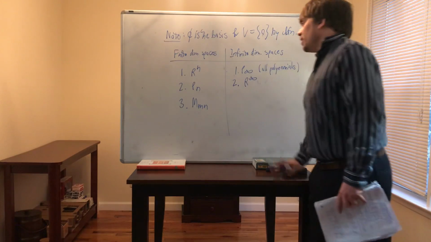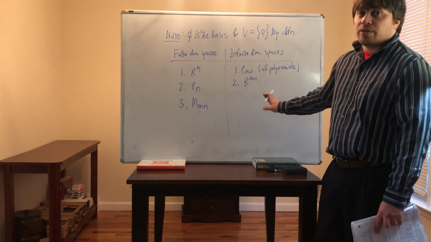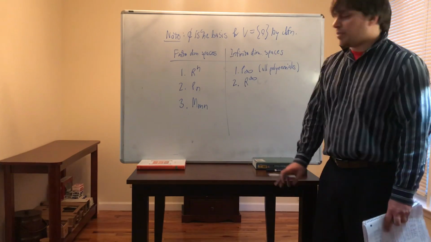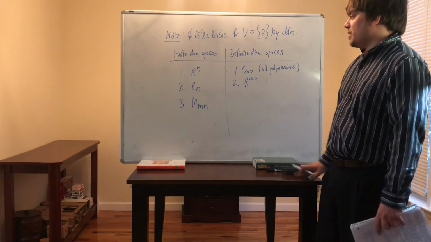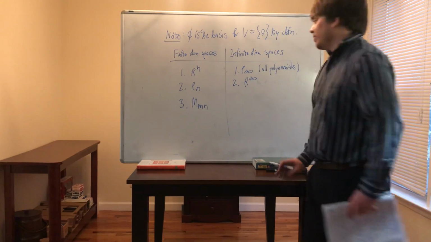Now these are vectors with infinitely many components, so this does not include vectors with finitely many components. And it's infinite dimensional because there is no basis for this vector space consisting of only finitely many vectors.